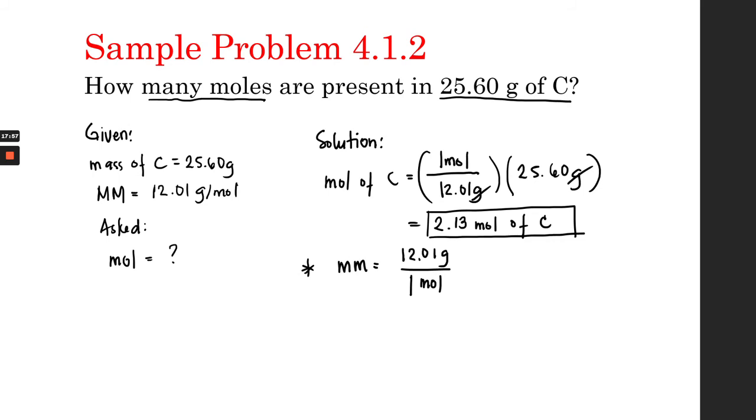And this makes sense because I know that 1 mole is equal to 12.01 grams, and 25 is about twice the amount of 12.01. So the moles of carbon I have is about 2. To know specifically how much carbon I have, I just need to divide the number of grams, so that's 25.60 divided by 12.01. That's 2.13 moles of carbon. I hope that is clear.